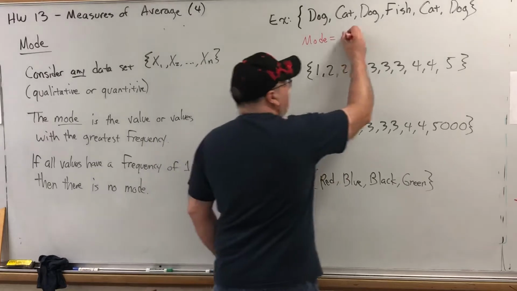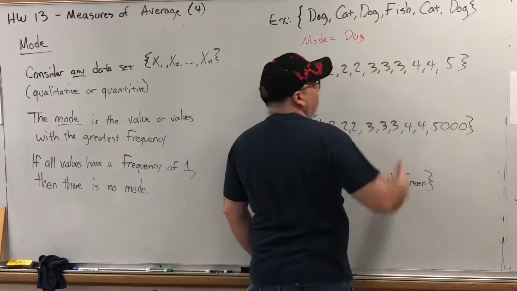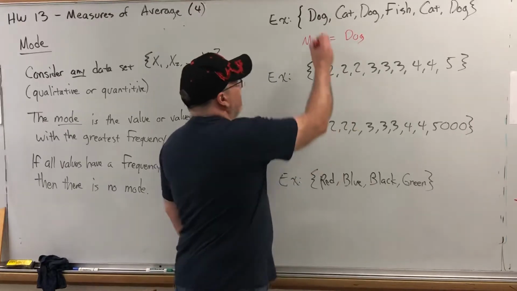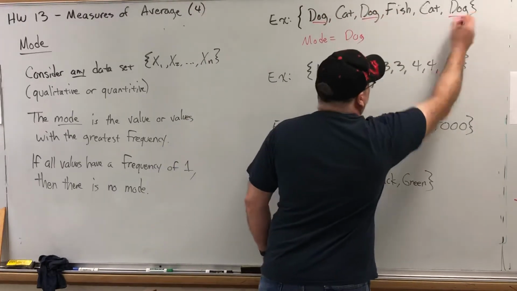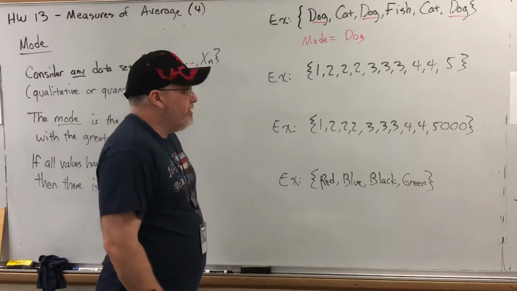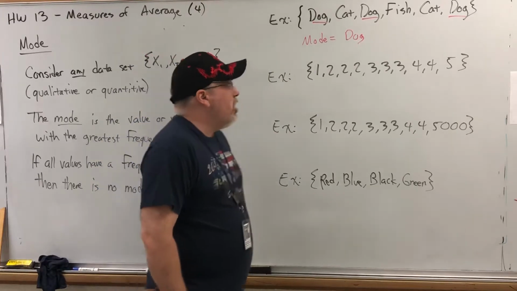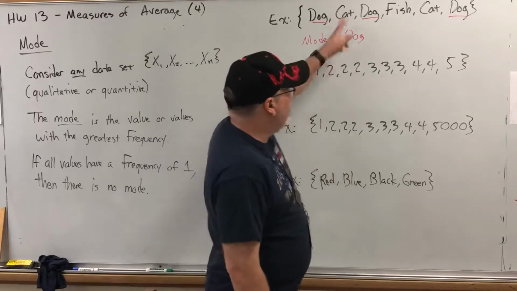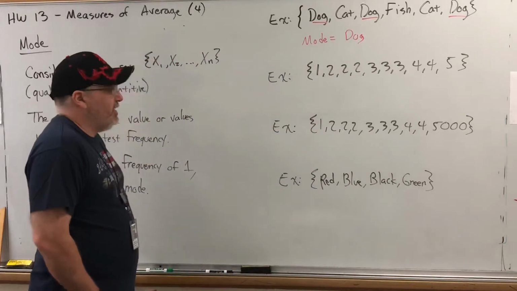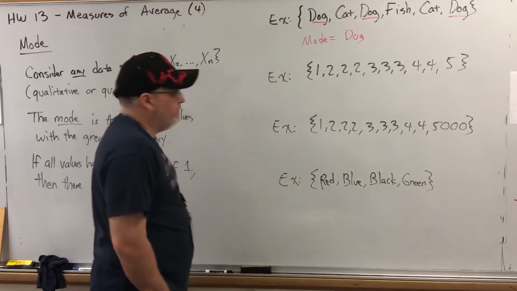It's dog. The frequency is 3. Nothing else occurs more than 3 times. Dog occurs the most in that data set. Now, if I threw on another cat, then both dog and cat would be the mode because there would be 3 cats.